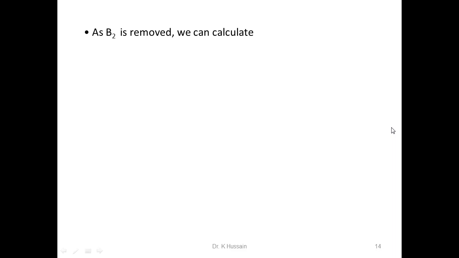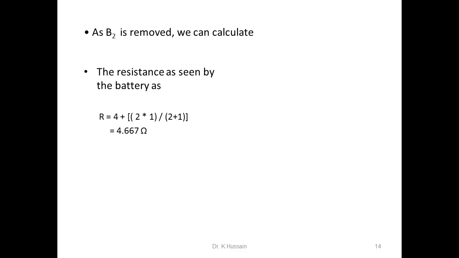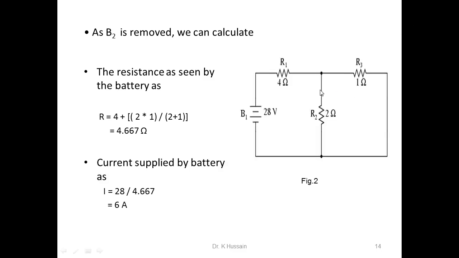Now you can find the resistance value first. Total current is found by dividing this voltage by the total resistance. The supply here is 28 volts, but the equivalent resistance is 4 plus these two in parallel.